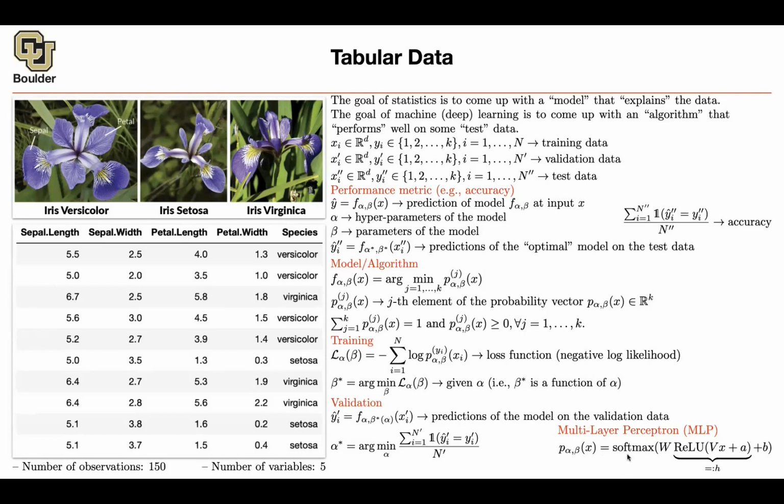Now you know why you do training, validation, testing. And for the model that I'm writing here, if you choose your number of layers to be 1, you're just doing logistic regression, which is a classical statistical model. So a 1-layer multi-layer perceptron is going to give you logistic regression. And because it's 1 layer, it is linear, you can study the parameters.